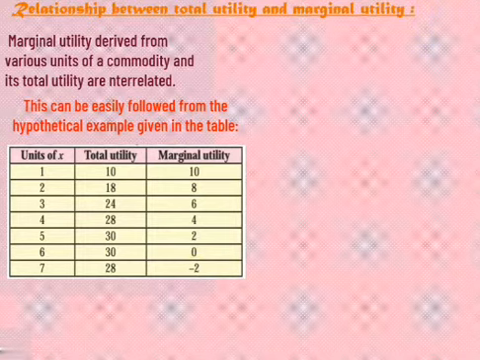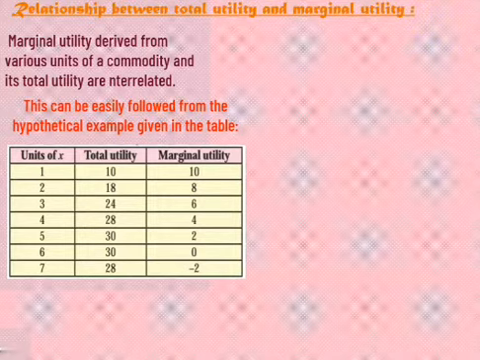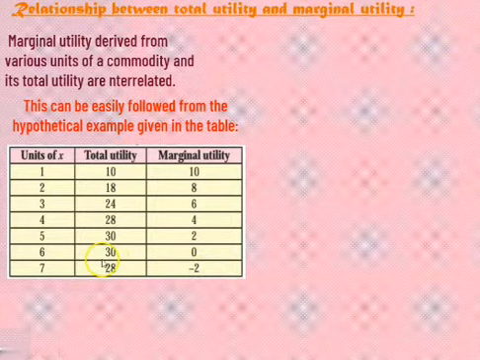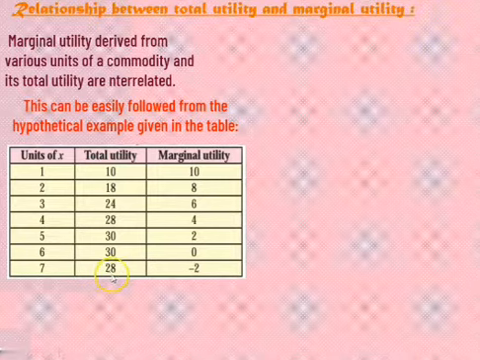That means now he is totally satisfied, totally happy after consuming the product, his tummy is totally filled with the particular product. And if the person consumes any more, his satisfaction level turns into dissatisfaction level, and therefore 30 minus 2 becomes 28. So TU starts declining after the sixth unit of pizza.